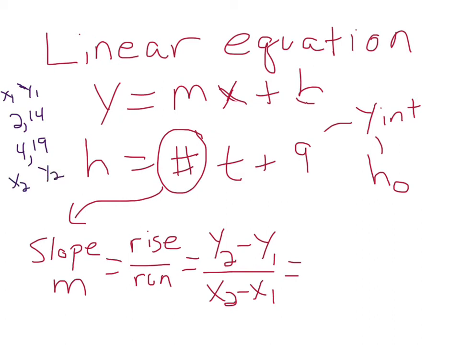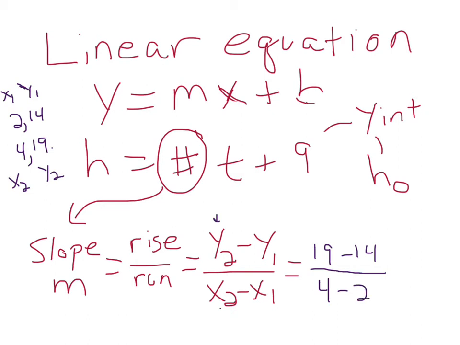So we're going to put those in the right spots. So I'm going to set this up. The first number we want right here is y2. Now y2 is listed over here as 19, minus y1. y1 is 14. On the bottom we want x2 first, that would be the number 4, minus x1, next is the number 2.